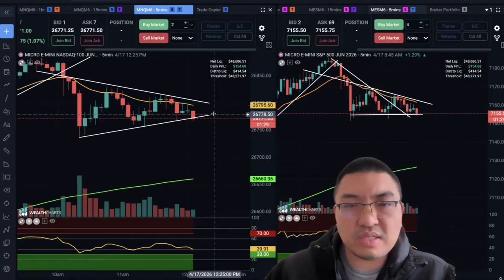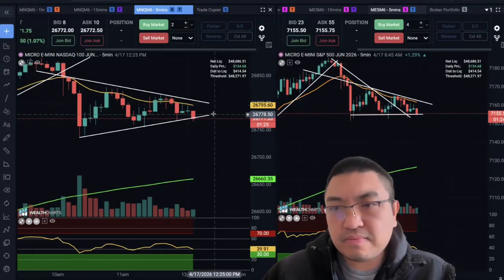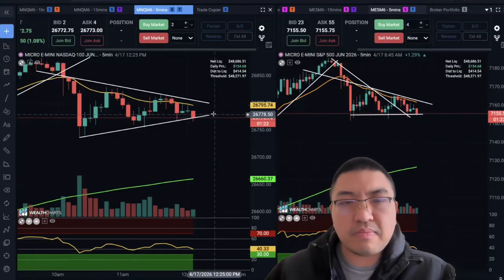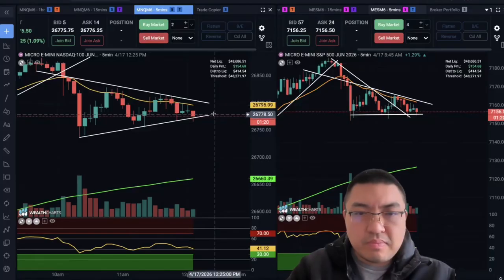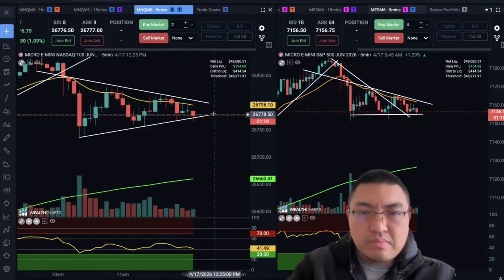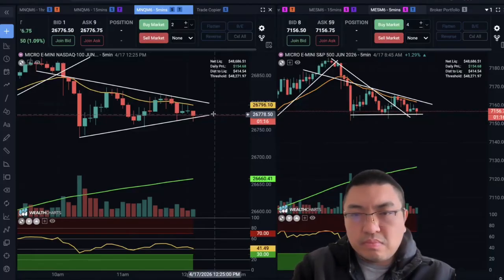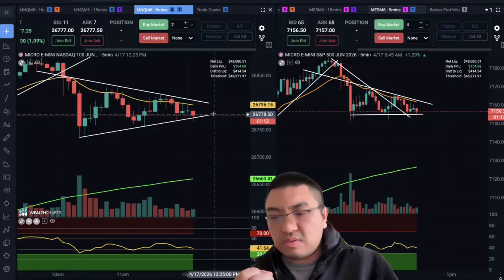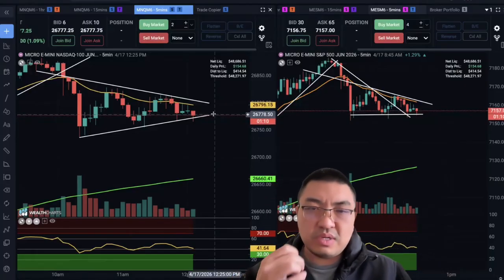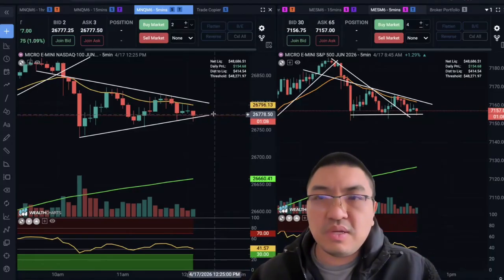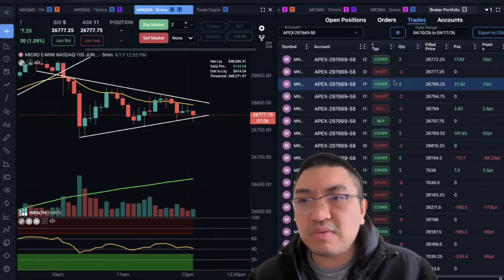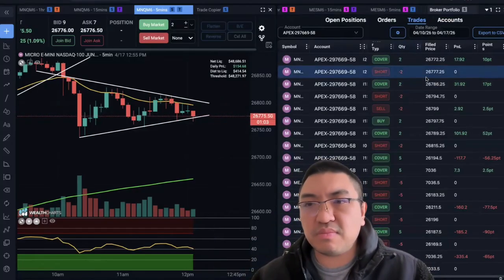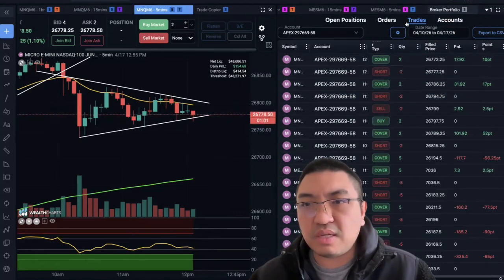See, it closes underneath the trend line. Yeah, it cannot close. Then I entered the previous trade too early, so I exit with some micro profit, $18. That's better than nothing.